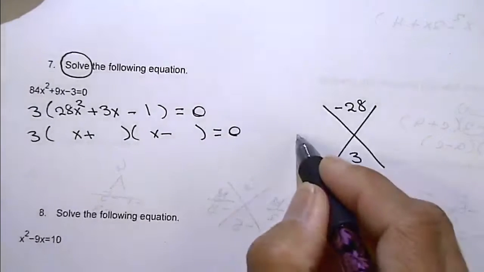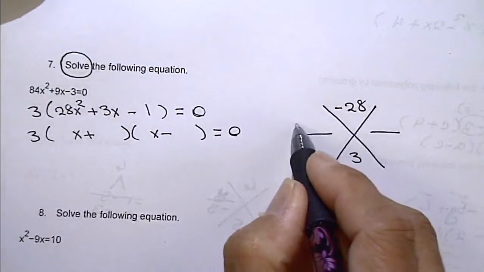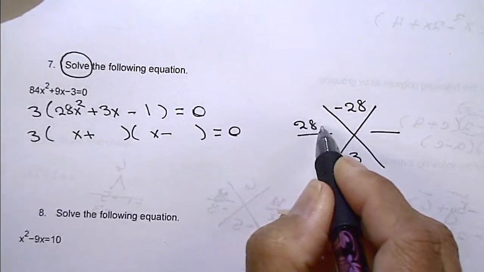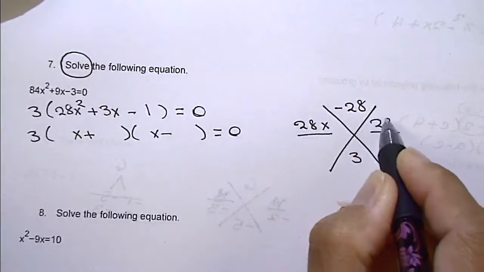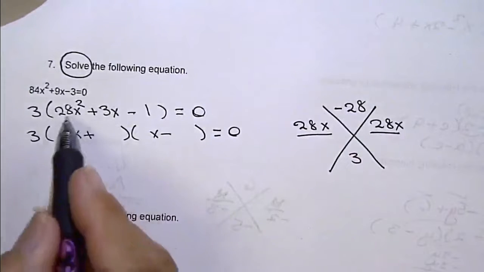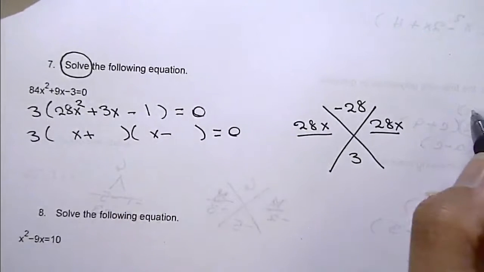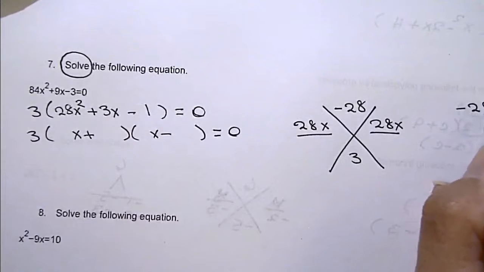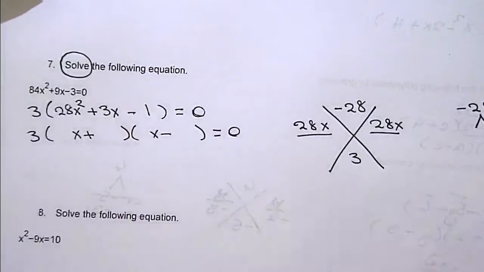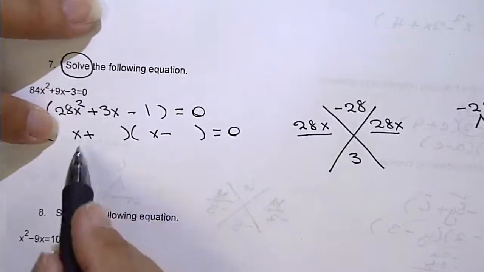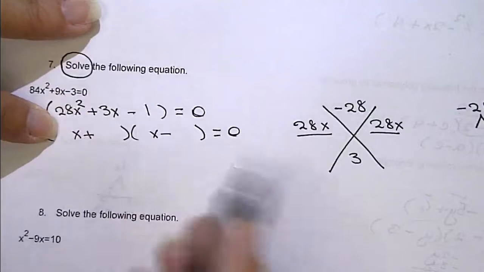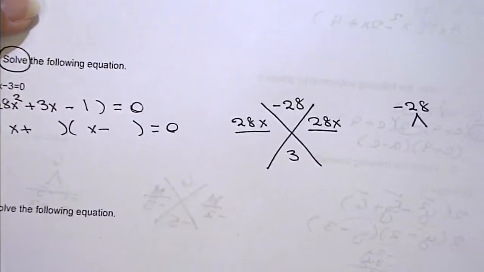And then I'm going to come over here and say I need a 28x and a 28x, because I want the coefficient of whatever that a term is in case I have to reduce it. So I need factors of a negative 28 that when I combine them, they're going to be a 3. I know I'm going to have one of each, so it's going to be a subtraction sort of thing that I got to think about.